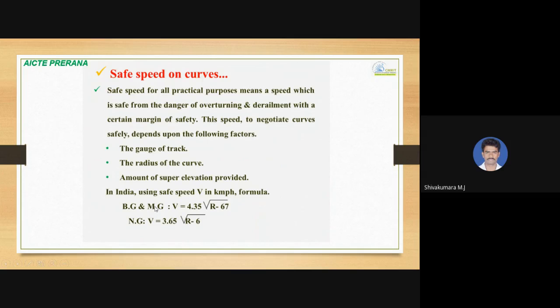For broad gauge and meter gauge, V equals 4.35 times root of R minus 57. It depends on radius. And if it is a narrow gauge, then it is 3.65 times root of R minus 6. So these two equations you can use for the calculation of safe speed.